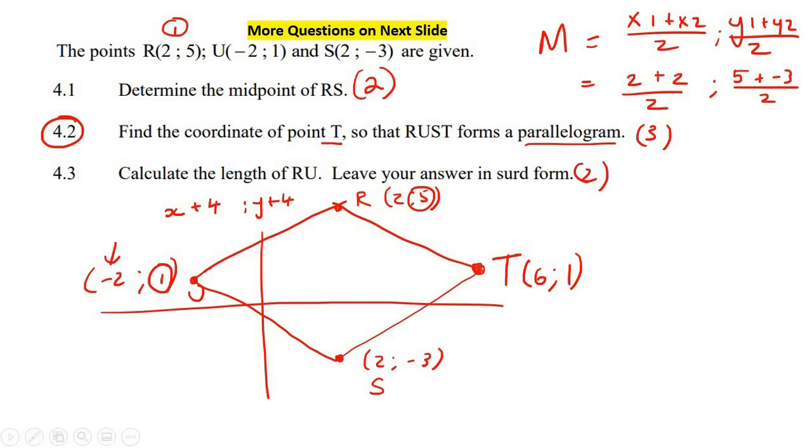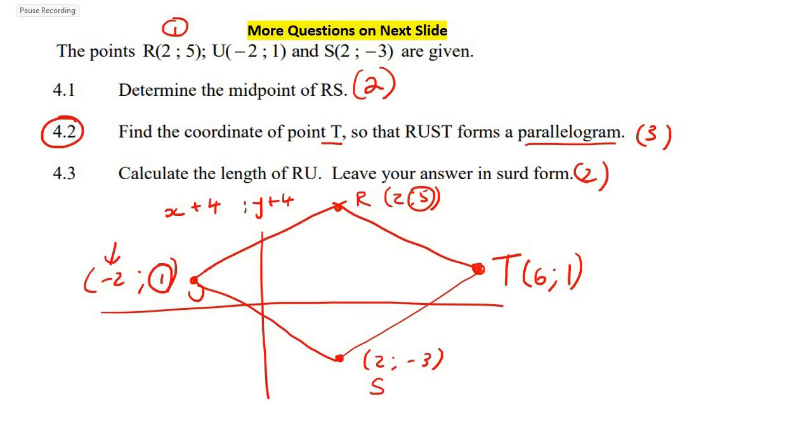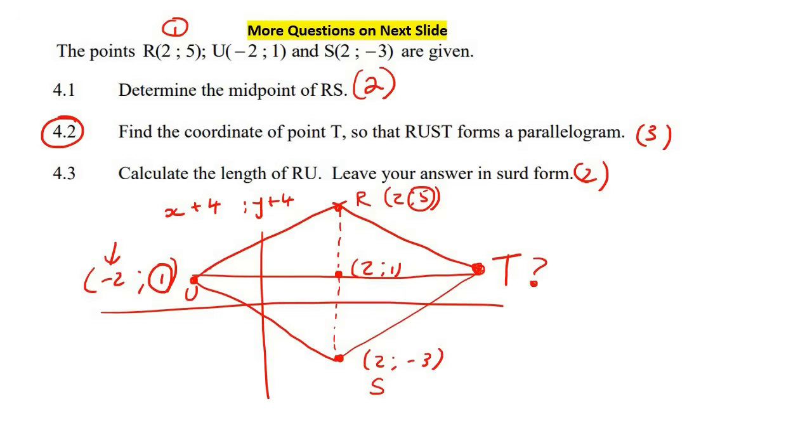There is another way you could have done this one. We have just found the midpoint of RS in the previous question. We found that as 2 and 1, remember? That midpoint is also going to be the midpoint for this line, UT. So let's say we didn't know the coordinates of T, so they will just be x and y.